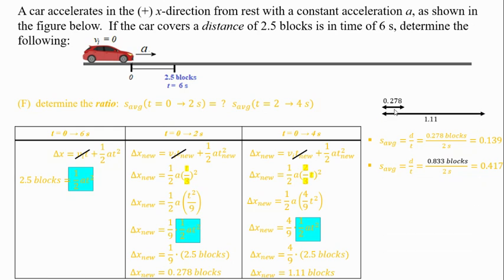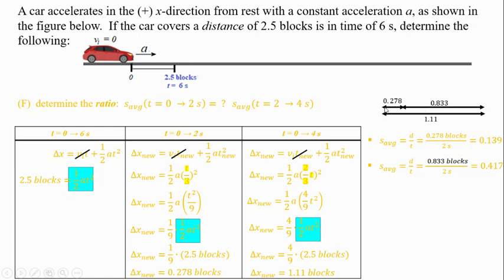What we know from 0 to 4 seconds is 1.11, which I calculated on the right side of the column here. But I don't need from 0 to 4, I need from 2 to 4. So how do you find what this missing arrow is? Well, this arrow is simply the difference between 1.11 minus 0.278. So that's where this 0.833 comes from.